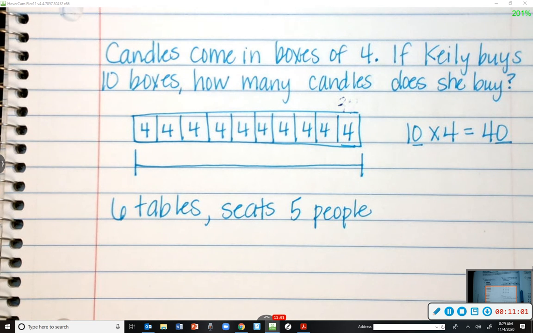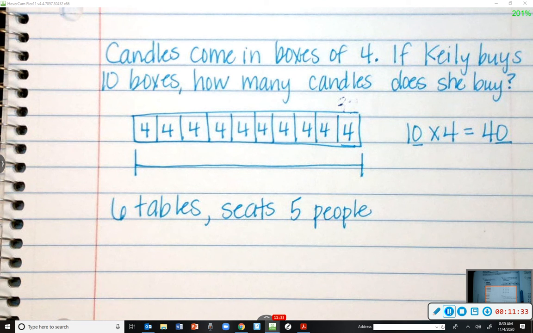What was the question again? Gregory has 6 tables that he sets up. Each table seats 5 people. How many people can sit at the tables? Okay, we got our answer? Almost, okay.